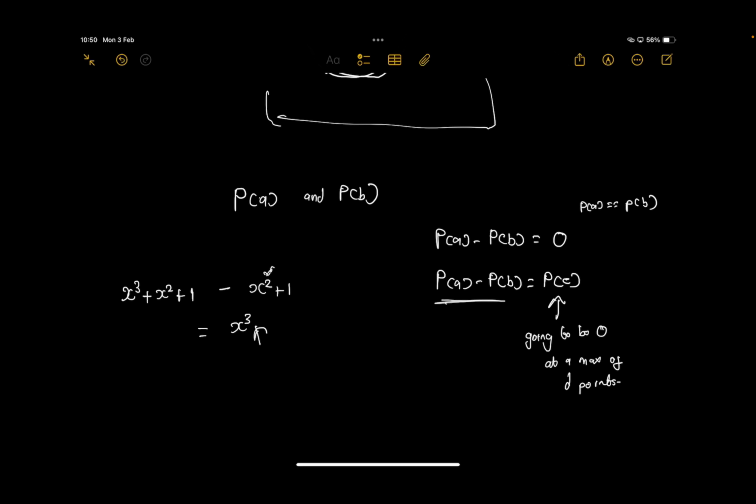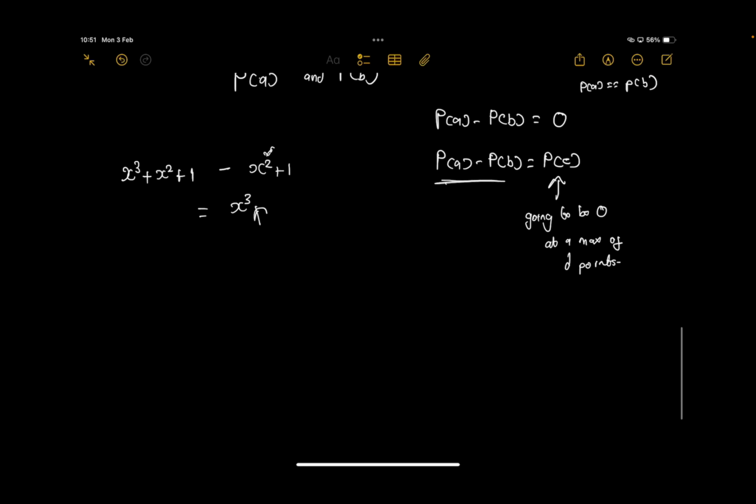Now, if they're not the same, we're going to get another polynomial. But we can say something about the nature of that polynomial: it's only going to have a maximum of D zeros in it.